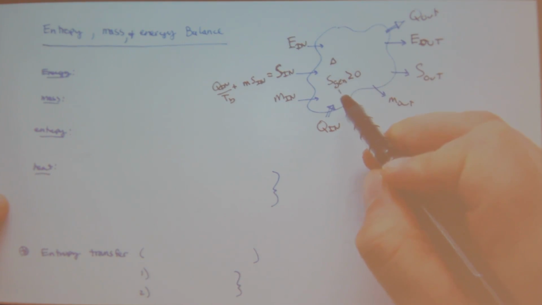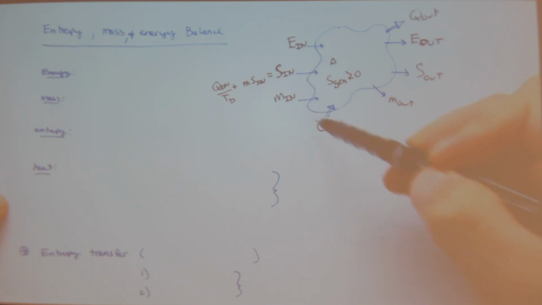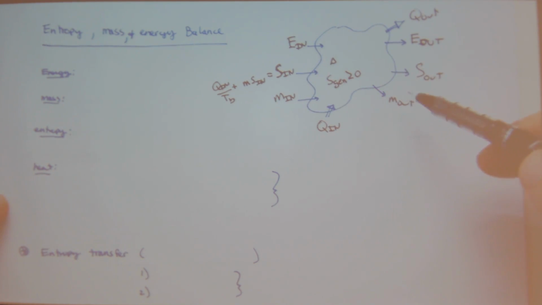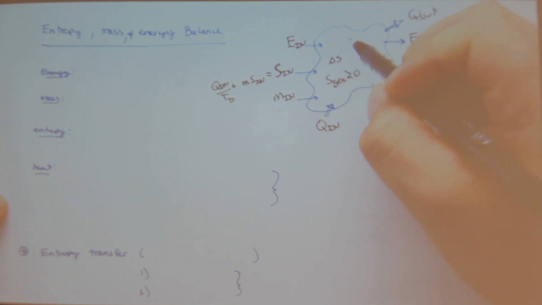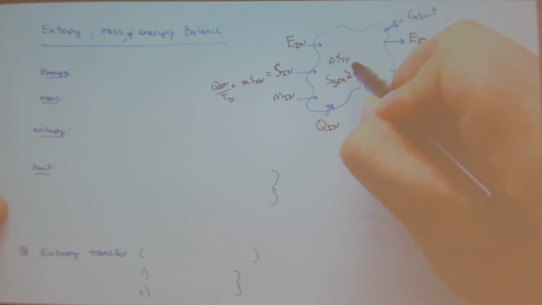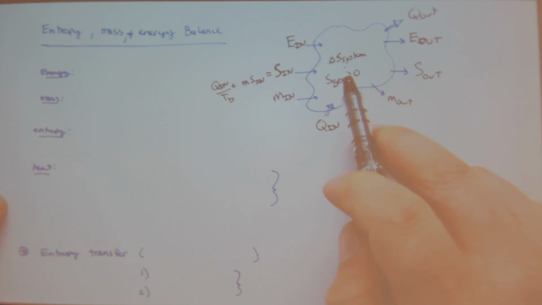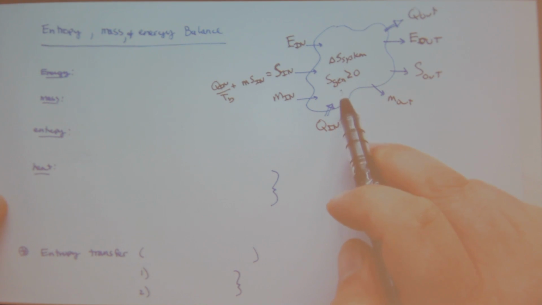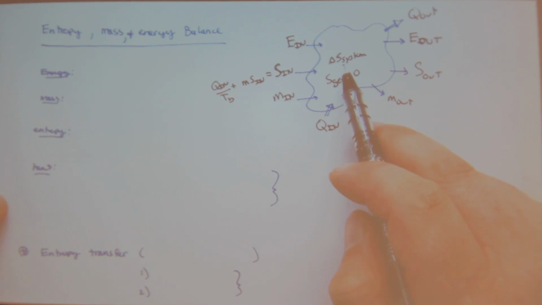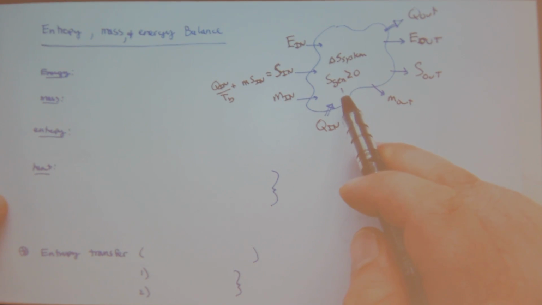This is the entropy generated within my system for energy coming in and energy leaving. I do have a delta S in my system. So I could have a change in entropy in my system without any entropy generated. Typically, if I have a change in entropy in my system, I'm going to have entropy generated too.